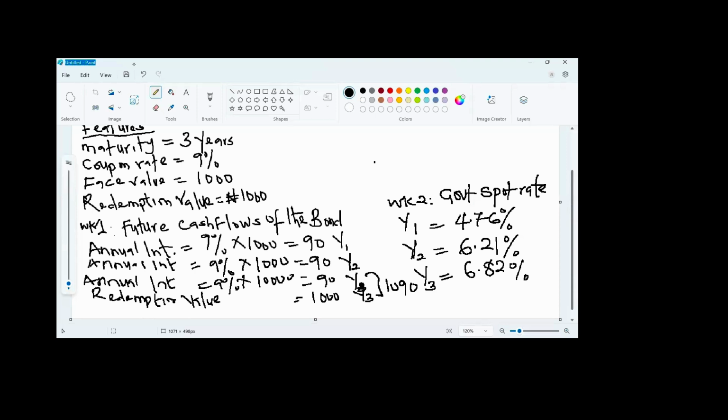We use the default free bond to compute the spot rate. When we got the spot rate, we now use the spot rate to calculate the forward rate. I remember saying that you can't compute your forward rate without knowing the spot rate.